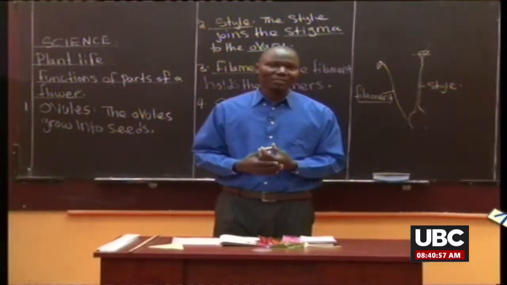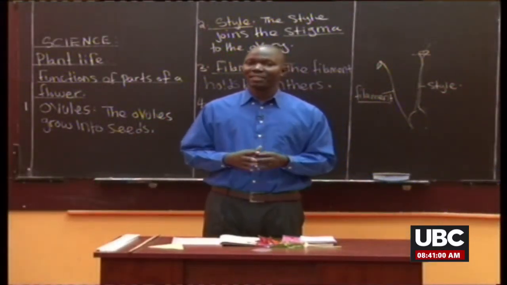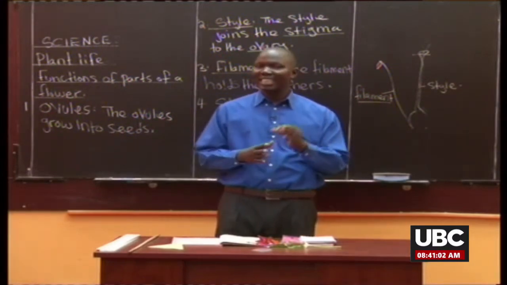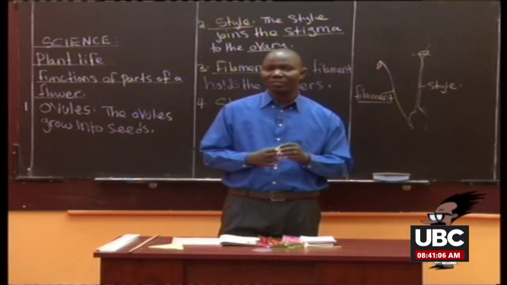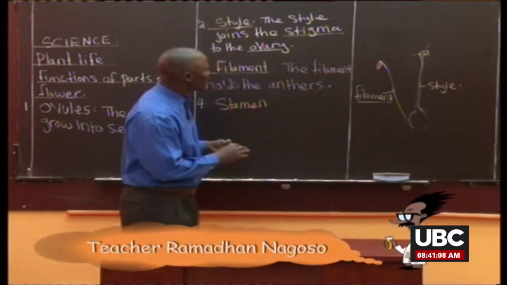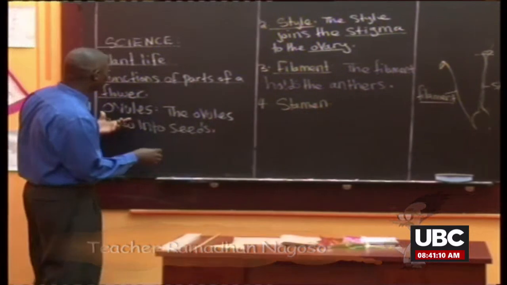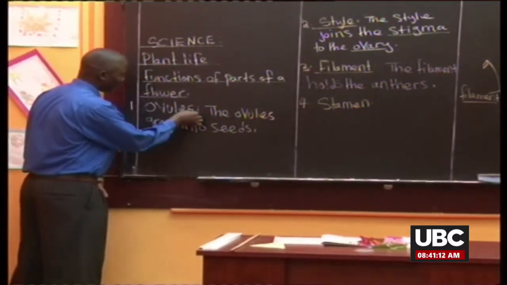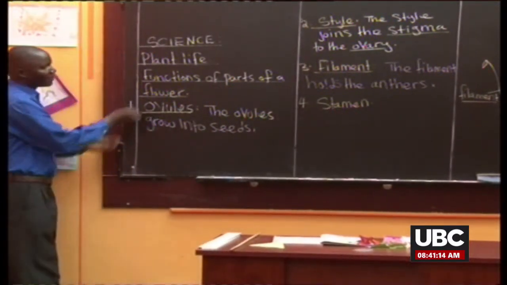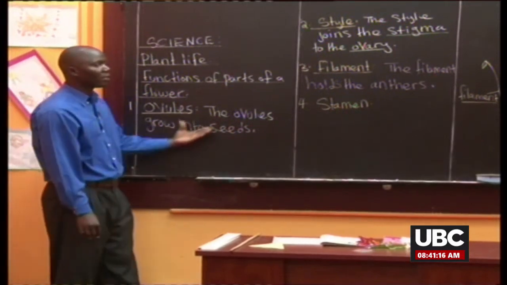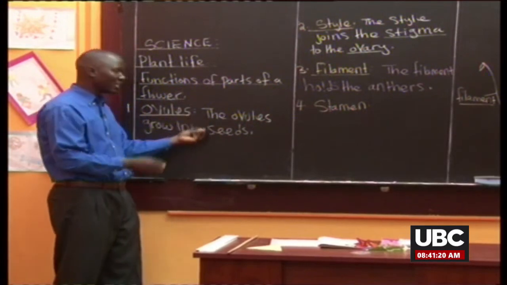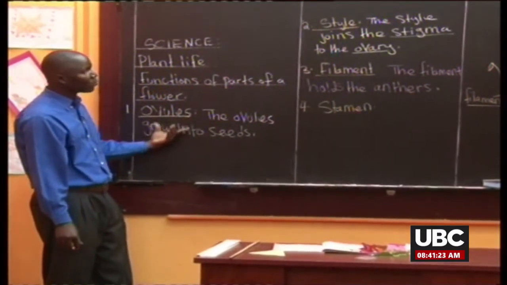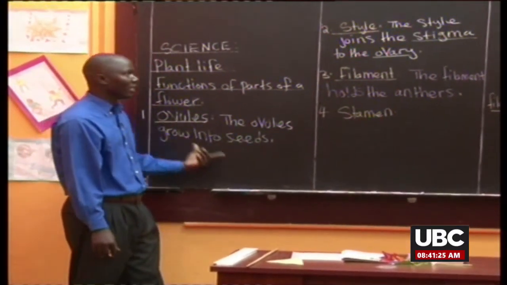Welcome back from that short break, children. Before you went for the break, we had looked at yet other parts of a flower and their functions. Which were these parts? We had looked at the first part being the ovules, and we said the ovules grow into seeds. When you open the ovary, the small things you find inside are the ones we call ovules that grow into seeds.